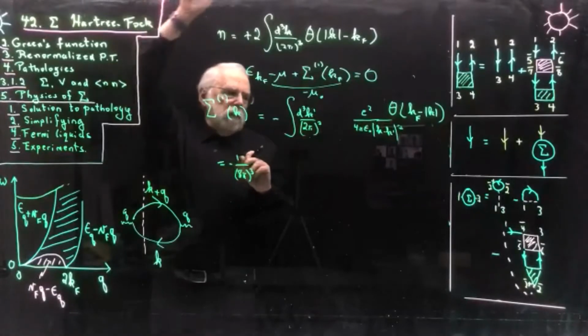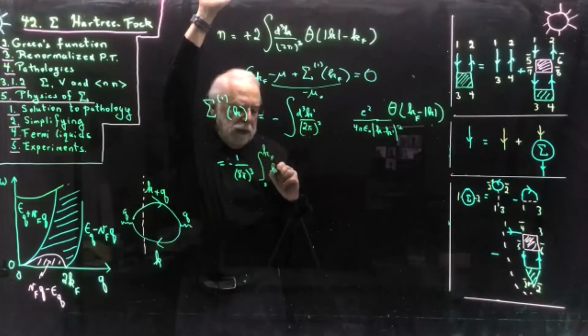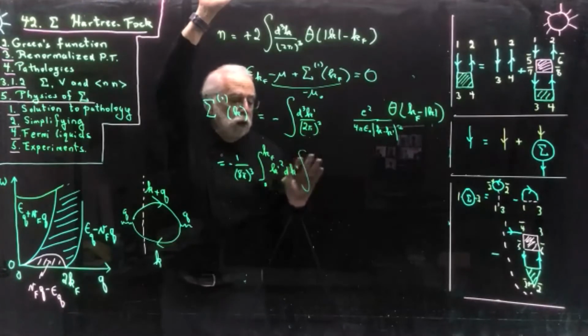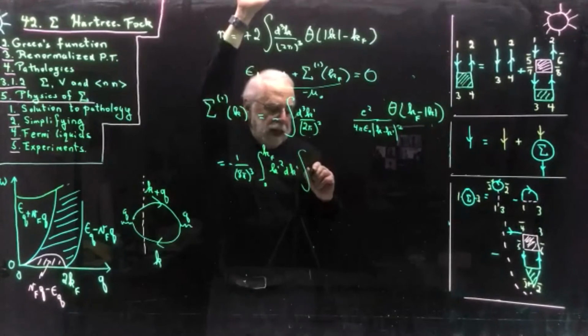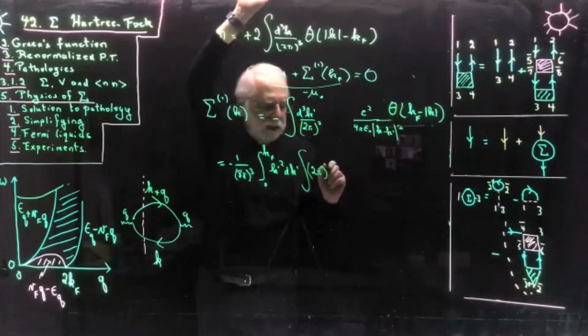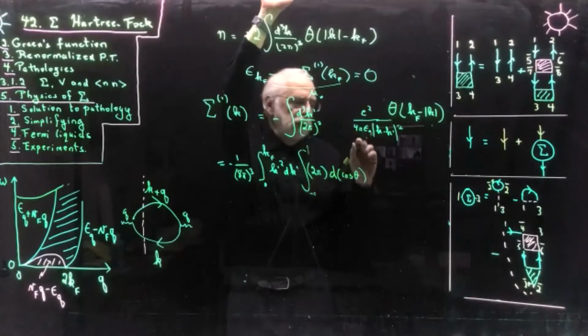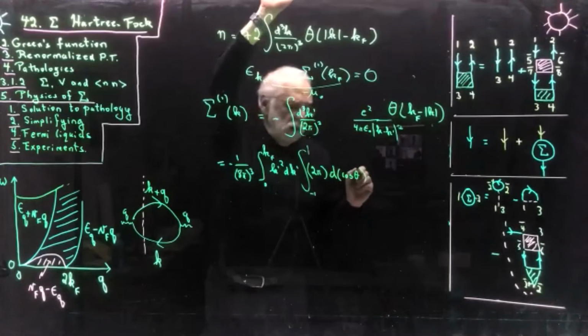So 1 over 8 pi cubed, then I get the integral from 0 to k Fermi of k prime squared dk prime, and then I go to polar coordinates, and I have 2 pi for the azimuthal angle, because nothing depends on the azimuthal angle, just the cosine between these two vectors. So I have 2 pi d cosine theta from -1 to 1. And this is e squared over 4 pi epsilon 0.